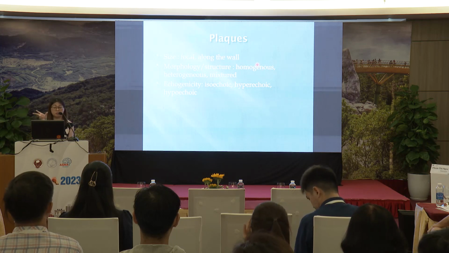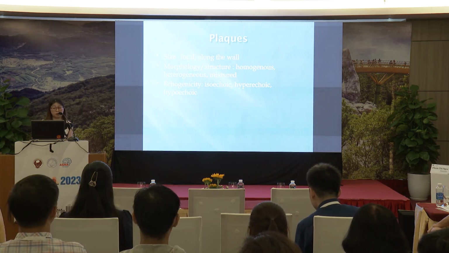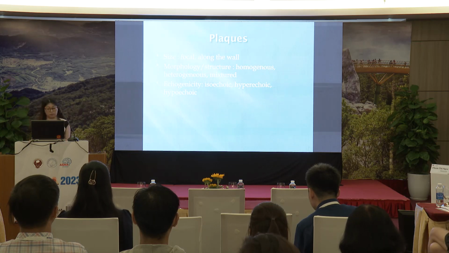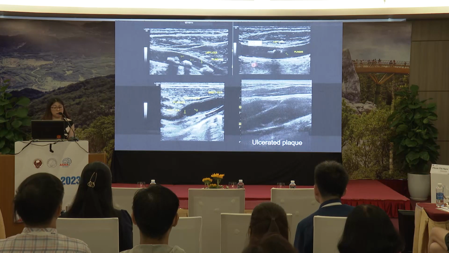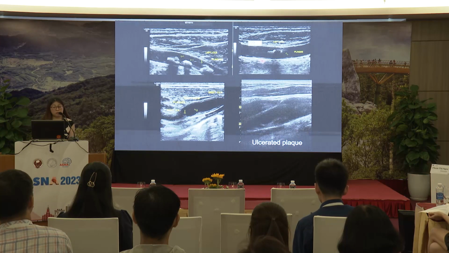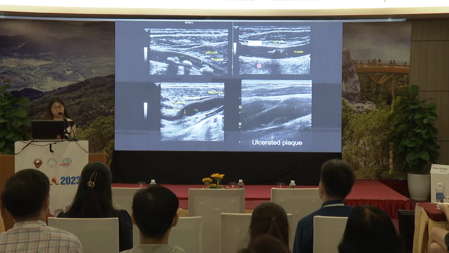And how do we know whether this is homogeneous or heterogeneous? You need to use the muscle as the baseline. See, this is the muscle. If the plaque is similar in terms of echogenicity, usually this is homo.